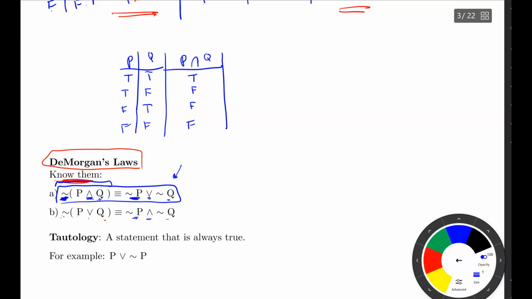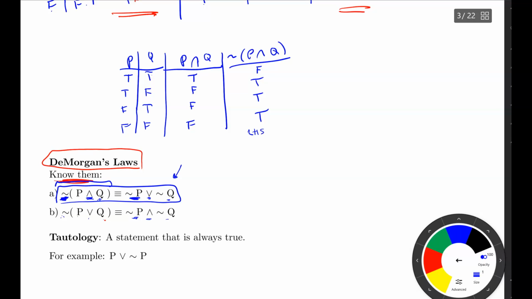All right, so now make a column for the negation of P and Q. Taking the negation of each: false, true, true, true. Okay, so that's the left-hand side right here.